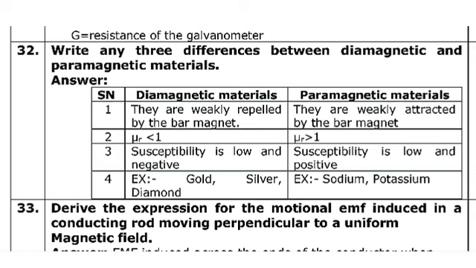Next, the second difference is that relative permeability is less than 1 for diamagnetic and here it is greater than 1. Third point, susceptibility. For diamagnetic material, susceptibility is low and negative, and for paramagnetic material, susceptibility is low and positive. Next, examples for diamagnetic materials are gold, silver, diamond, and for paramagnetic materials it is sodium, potassium, etc.